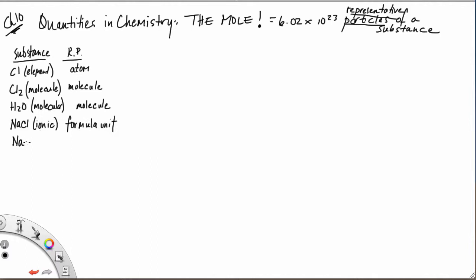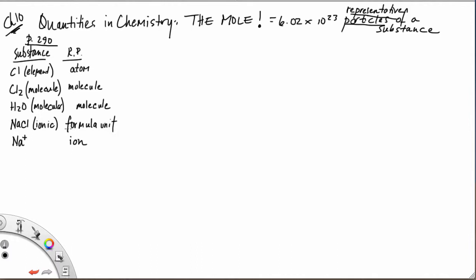If we have just sodium, Na+, the representative particle is an ion. That's the smallest unit. By the way, these details are outlined in a chart on page 290 of your textbook, where you can see more examples. This is going to be really important as we work through quantities in chemistry.